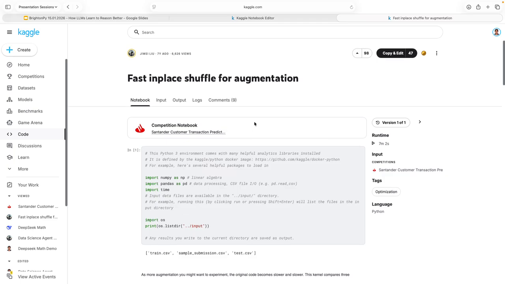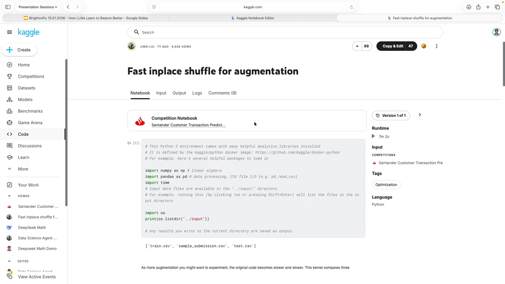So this is the original notebook. We can't make any edits or run this notebook. If you want to experiment with it, you will have to copy and edit.